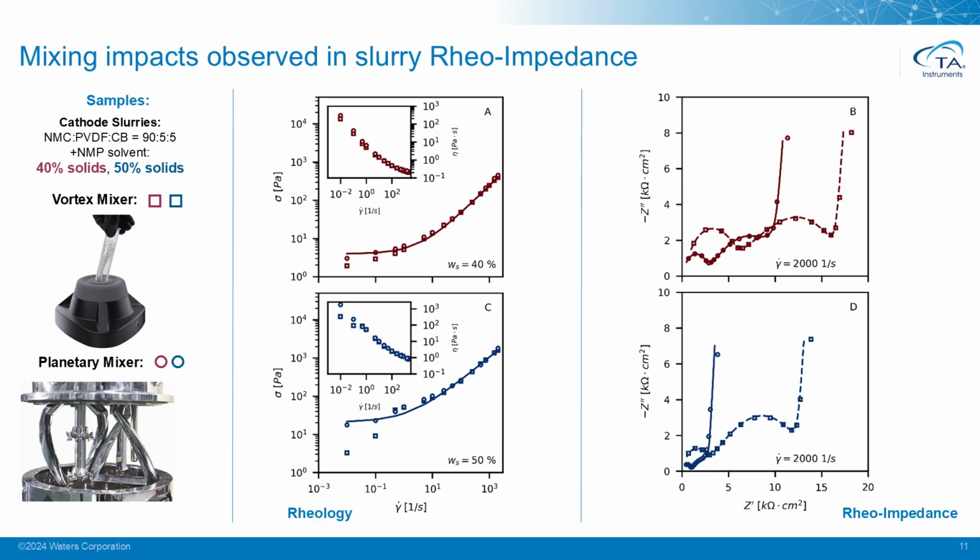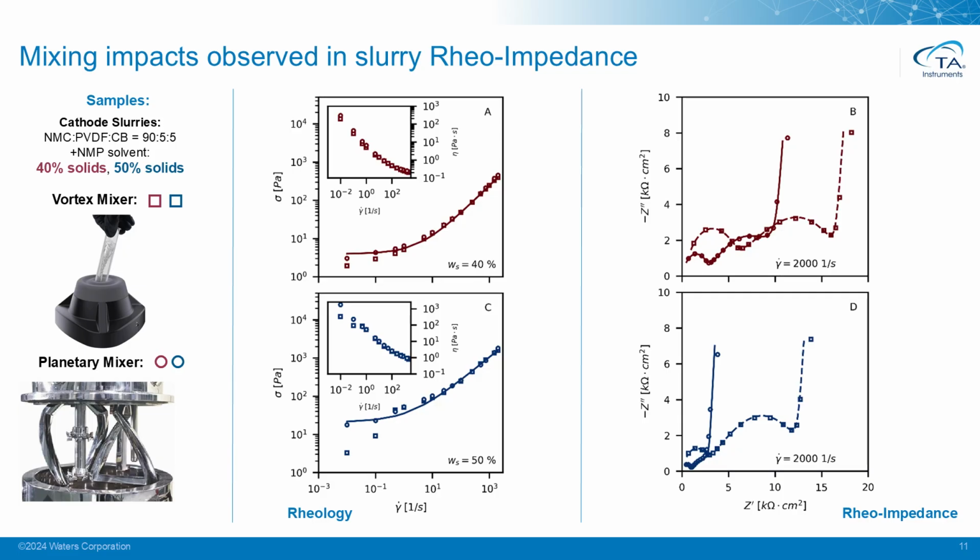But if we now go to the impedance data under shear, so in this case at 2000 inverse seconds, we can clearly see that there is a significant difference both between the different loading situations, but we can also clearly differentiate which sample was mixed with which mixer.